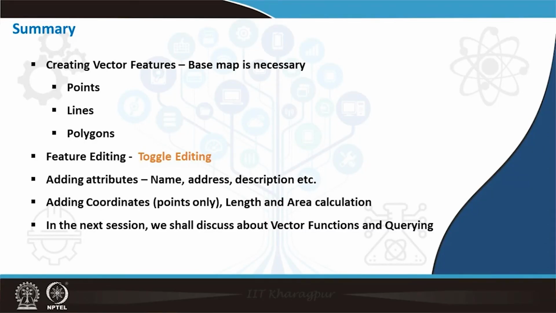Our base map was Hyderabad topographic sheet, which was already georeferenced, and we also saw feature editing, adding points, and we also saw how to add the descriptions or the column heads in the attribute table and adding coordinates. This particular coordinate addition is possible only for points, length calculation for roads and area calculation for polygons or the lakes which we saw. In the next session, we shall discuss snapping and other topology. Thank you very much.